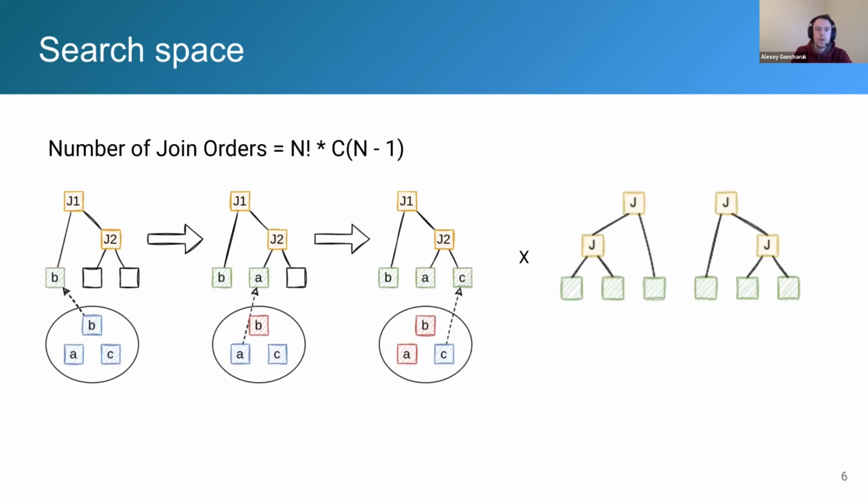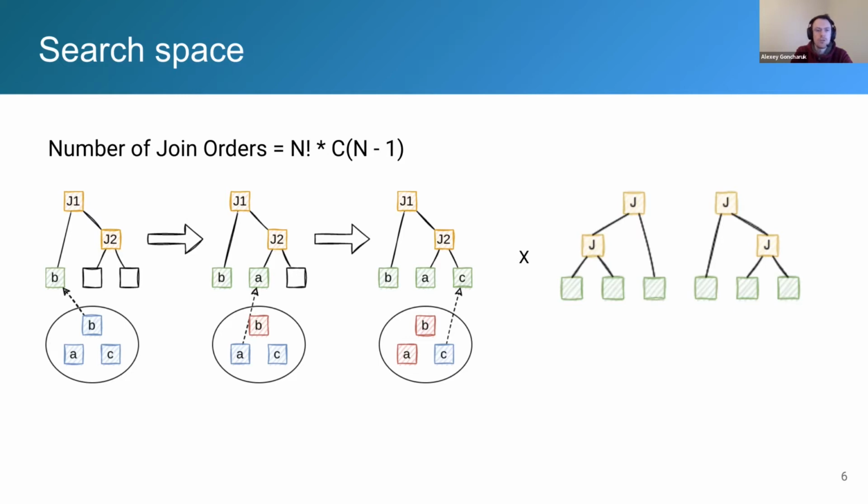Now, why the complexity? Why is this a big deal? The thing is, the more tables you have, the more the number of possible join orders and join shapes grows fundamentally. This number is produced by two factors. The first factor is the factorial of the number of joined relations, and you can see that by dissecting the possible join orders into the order of leaf nodes, like we have in the picture, and the possible tree shapes.